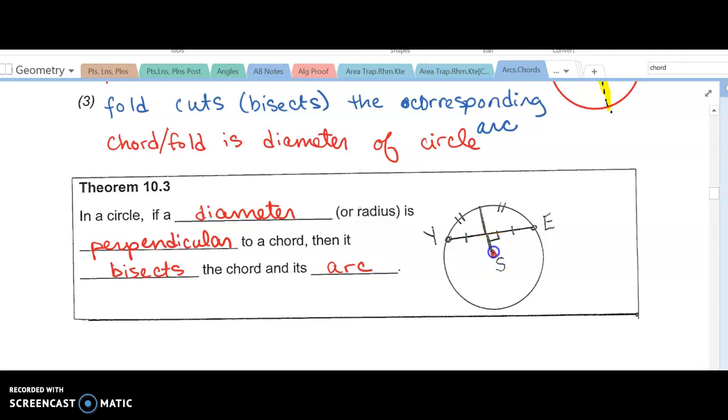So we're saying if you have a line segment that goes through the middle, doesn't matter if it's a radius or if it goes all the way across the circle and is a diameter. If there's a box here, then it's going to automatically have ticks here and here, or vice versa. If there's ticks, there's going to automatically be a box.